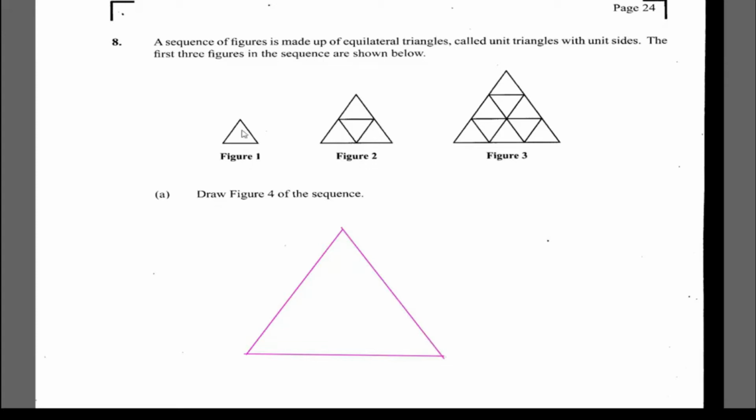Notice that right here is 1, then you have 1, 2, 3 at the bottom, then 1, 2, 3, 4, 5 at the bottom. So at the bottom, we're going to have 7 here. It's going to be 1, 2. This is a 2 triangle. This is a 1, 2, 3 triangle.